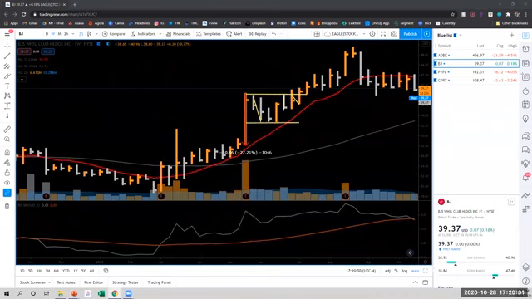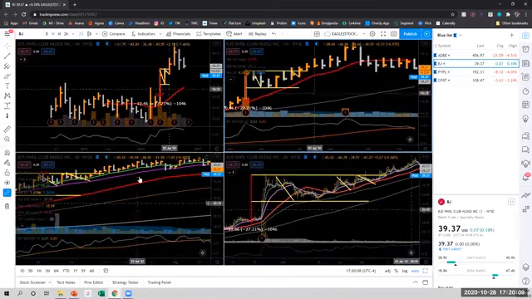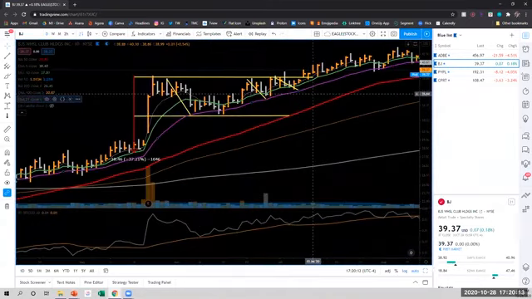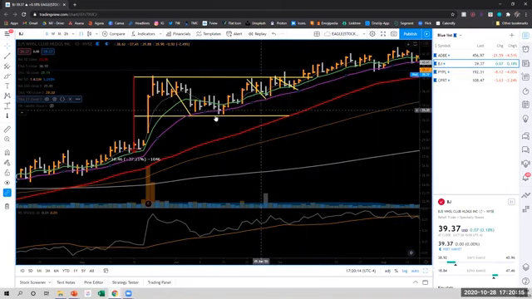The main difference between tight and controlled price action and volatility contracting would be if you saw volatility contracting and then it started to widen up, right?